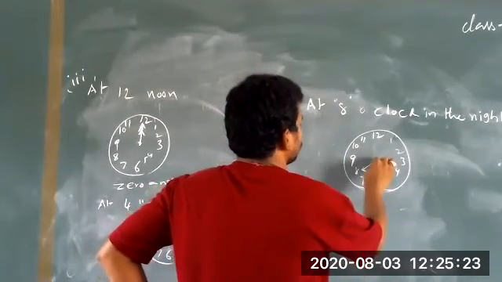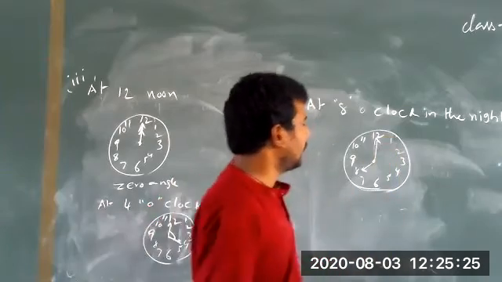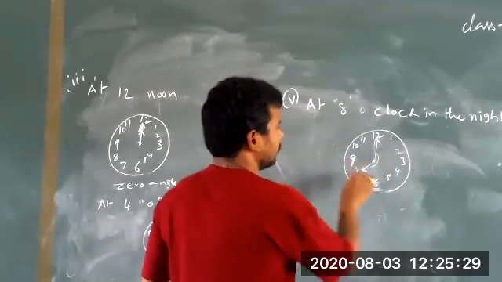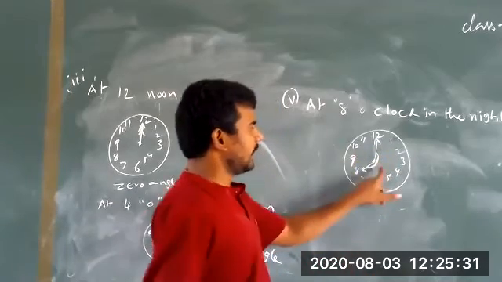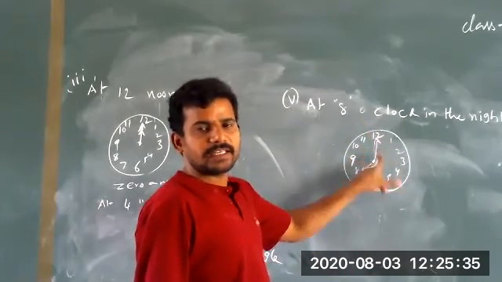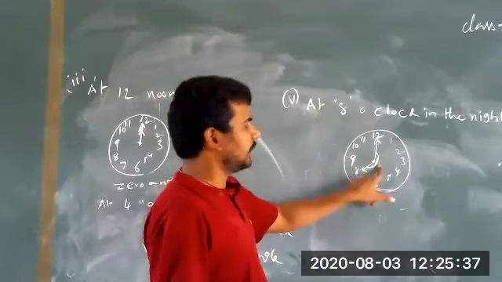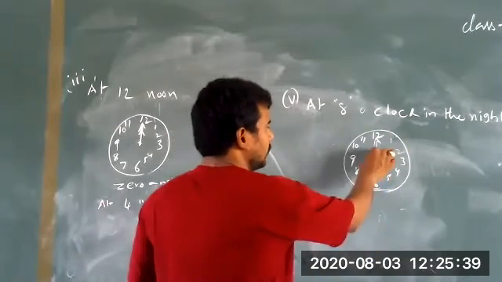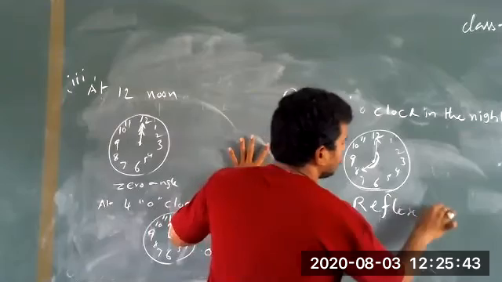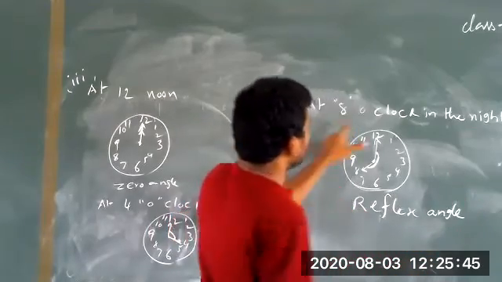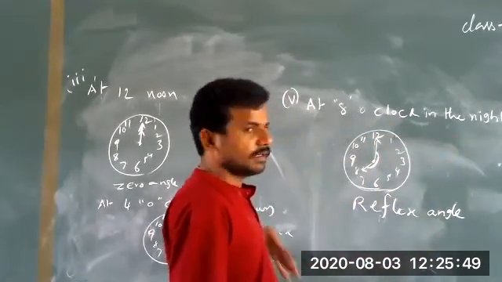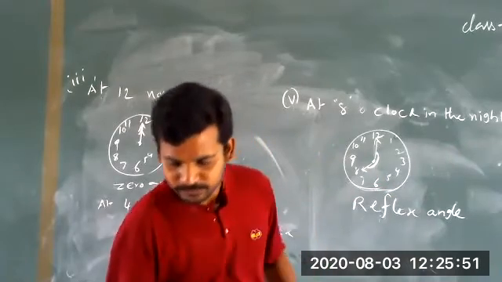Short hand, long hand. Here it is night, so take this angle. Which angle is this, children? This angle is between 180 degrees and 360 degrees. So it is called a reflex angle. This angle is called what, children? Reflex angle. Why? Because it is 8 o'clock in the night. So it is a reflex angle. Clear? Next.